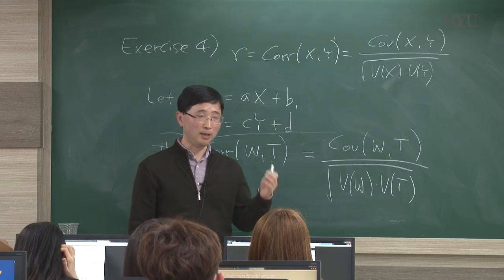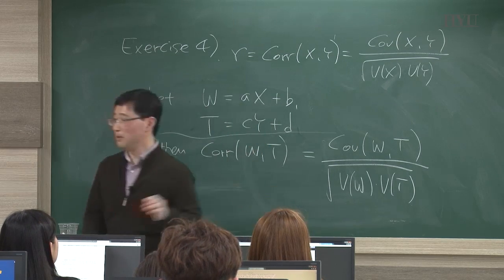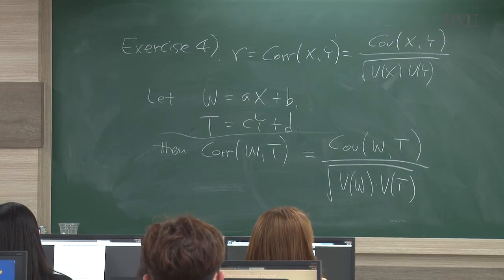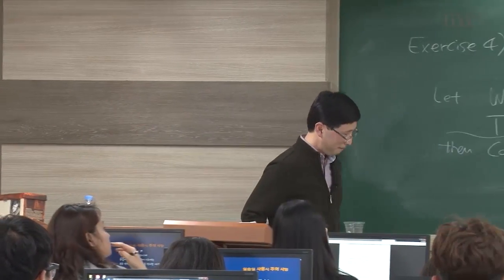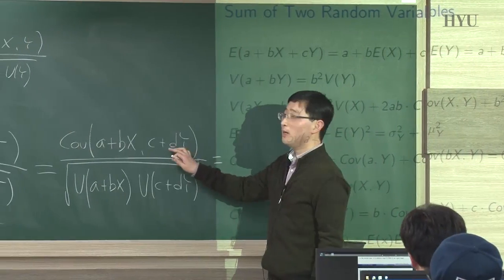How do you do that? Apply the law of variance and the law of covariance. Okay, try it. Let me show you those laws. Again, this is very important. So which one is easier? Let me try this.